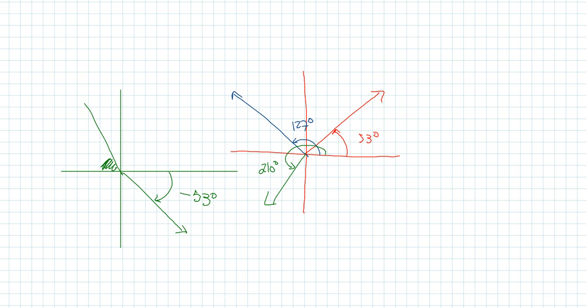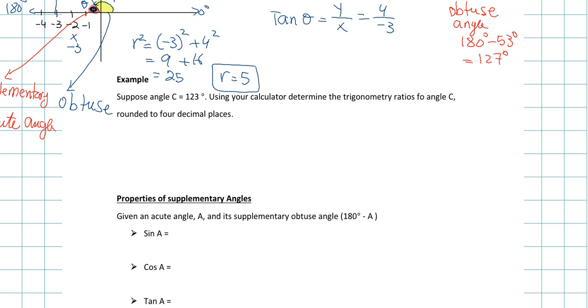All the calculators are programmed to give the answer in this quadrant. I don't know about the phone calculators though. So remember that if you do tan inverse and you get a negative answer, you're going to omit that negative, and then you're going to remember that this is the supplementary acute angle measurement.